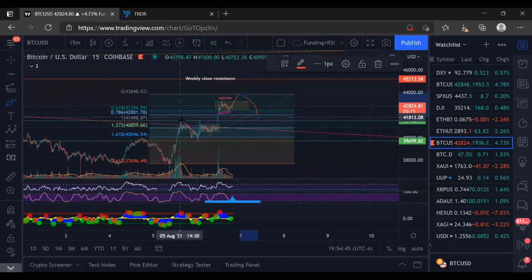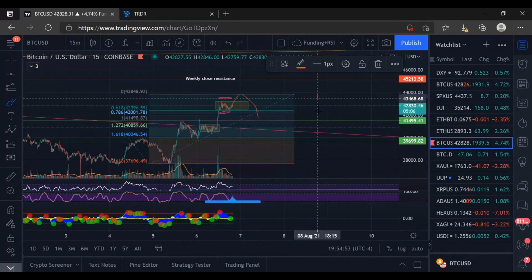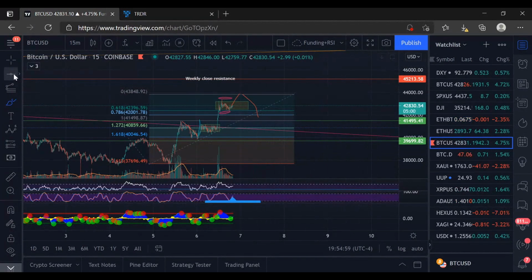It might look the same. And then next in the sequence would be this nice leg off 37,000 up to 41. That makes sense to me. I like that.